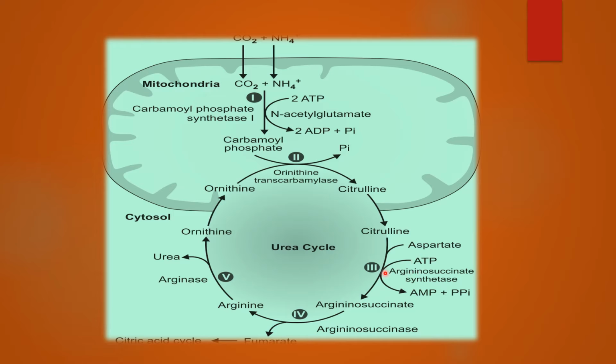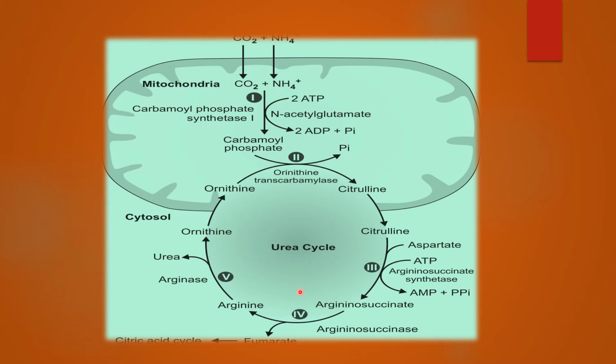Here one ATP is broken up into AMP, so two high energy bonds are broken, which is equivalent to the consumption of two ATPs. Then in step 4, argininosuccinate, in the presence of argininosuccinase, is broken up into two pieces.